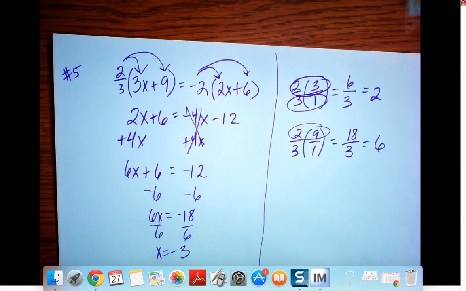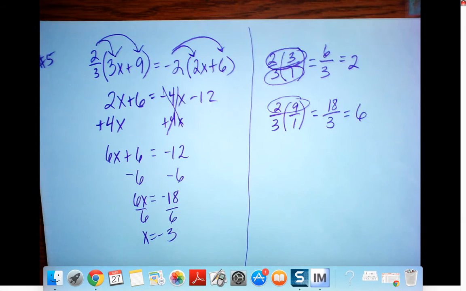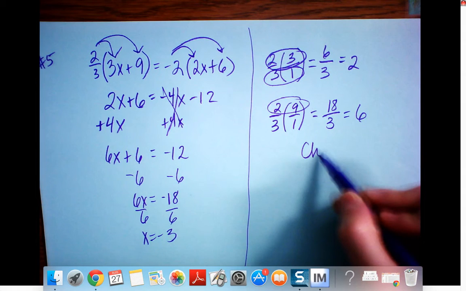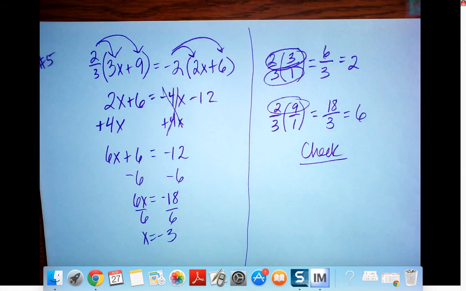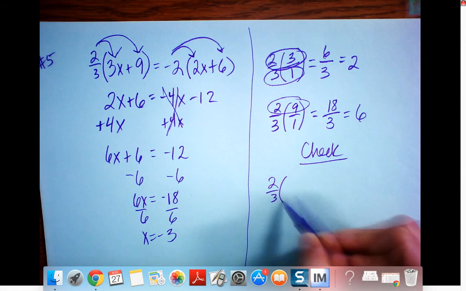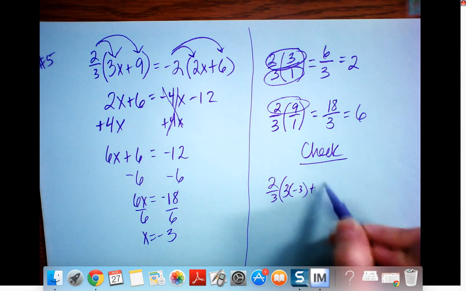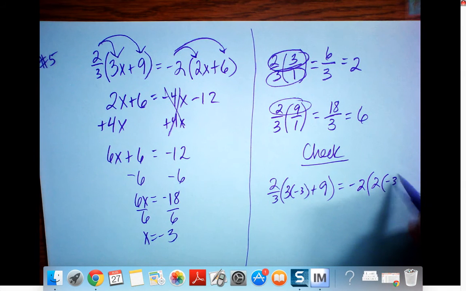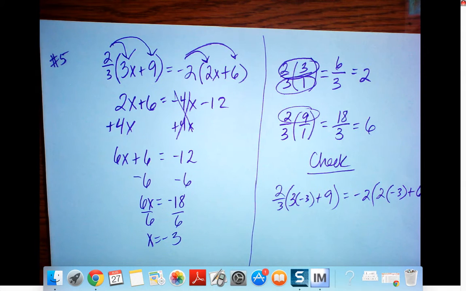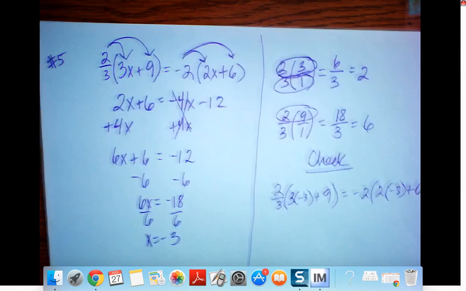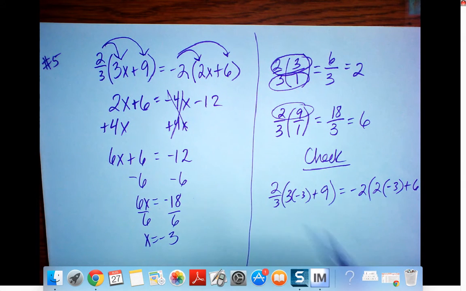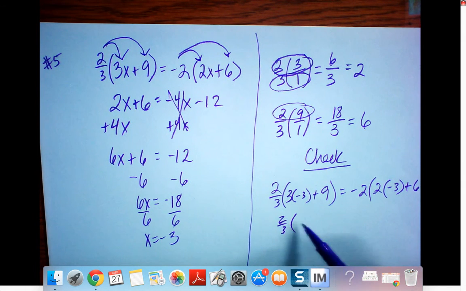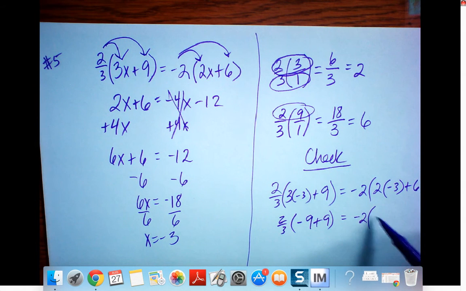Alright, so 2/3 times the negative 9 plus 9 equals negative 2 times negative 6 plus 6.